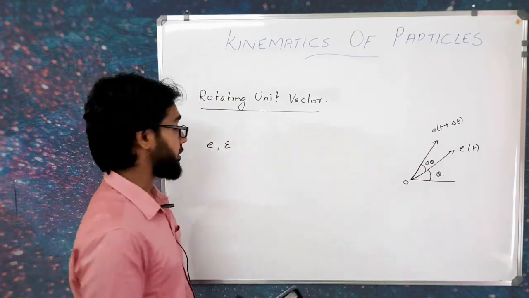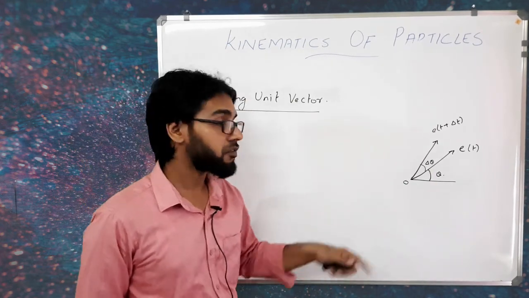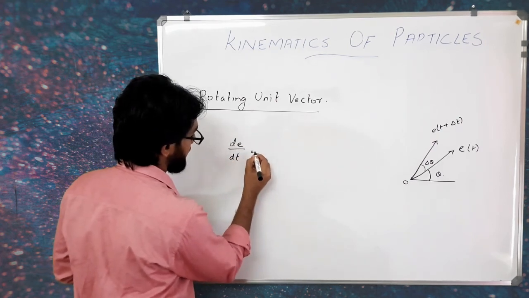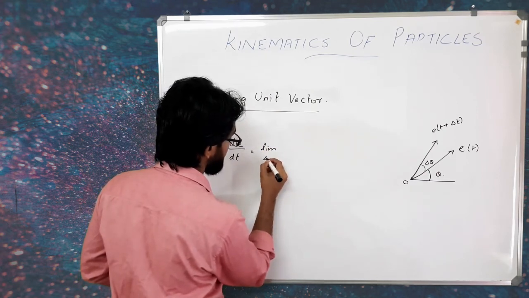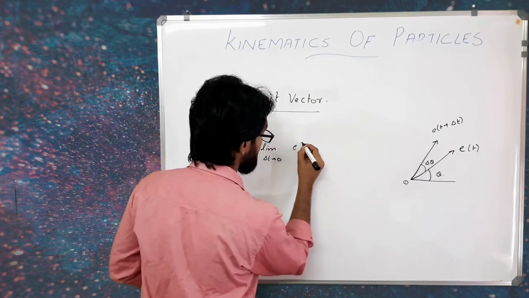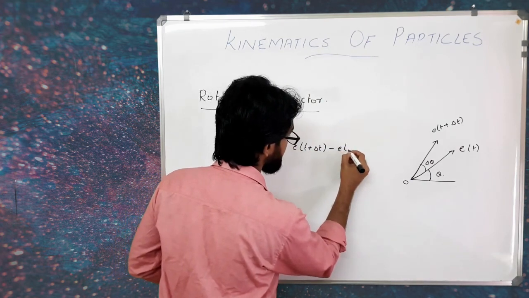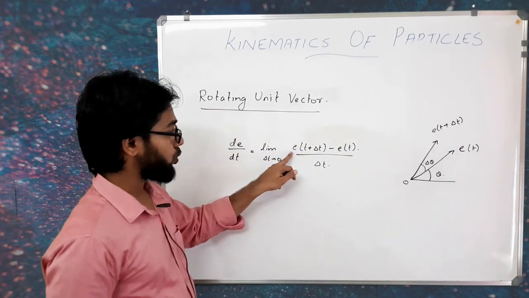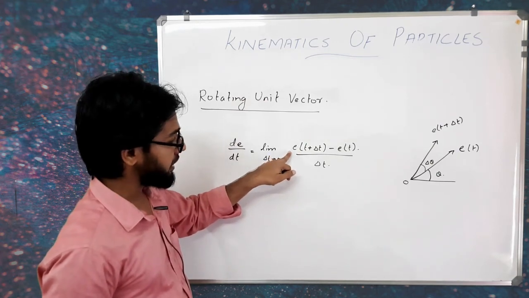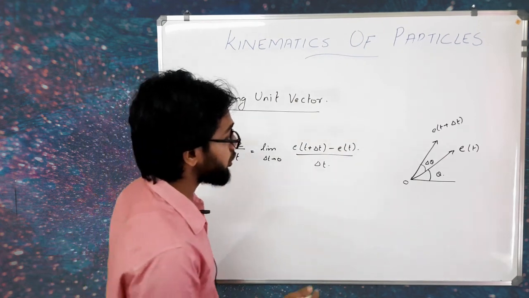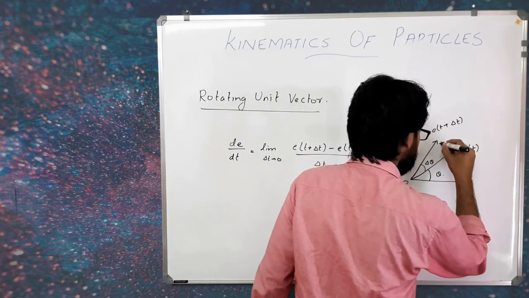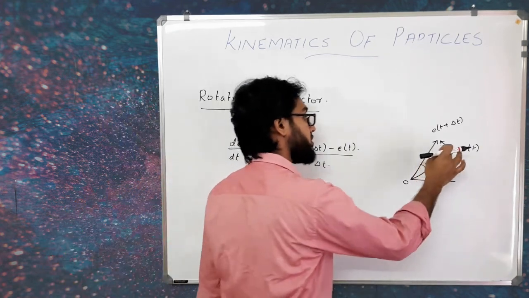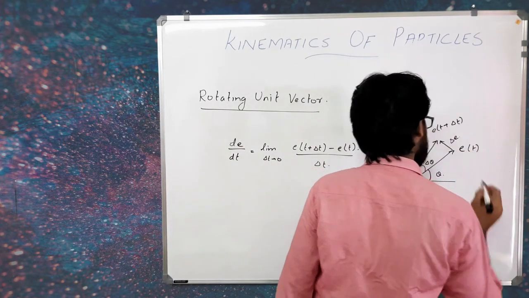Now the time derivative of this corresponding unit vector, dE/dt, is given as the limit as Δt tends to 0 of [E(t + Δt) − E(t)] divided by Δt. The numerator, E(t + Δt) − E(t), is a vector connecting this point and this point. This vector I will represent as ΔE.